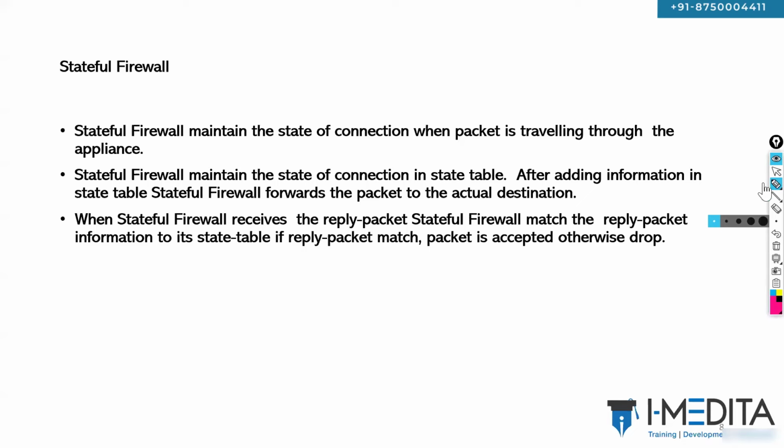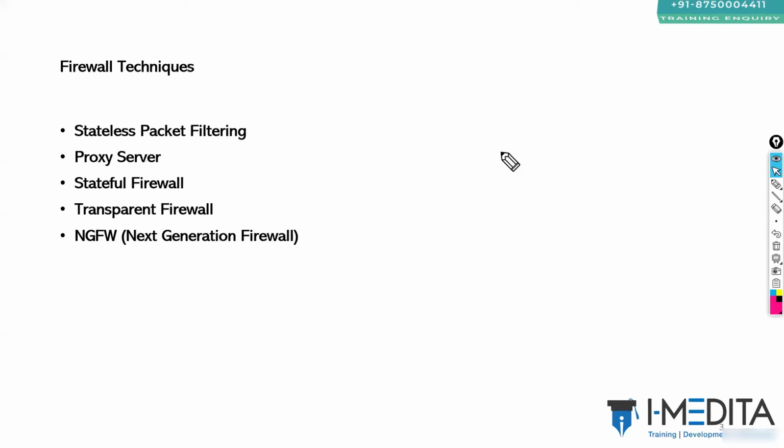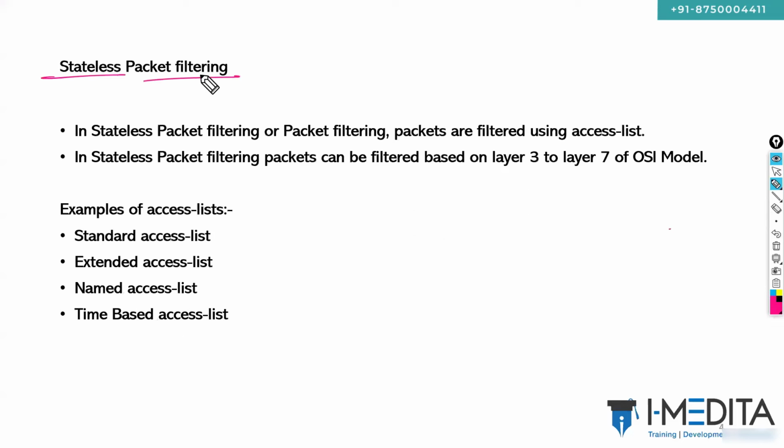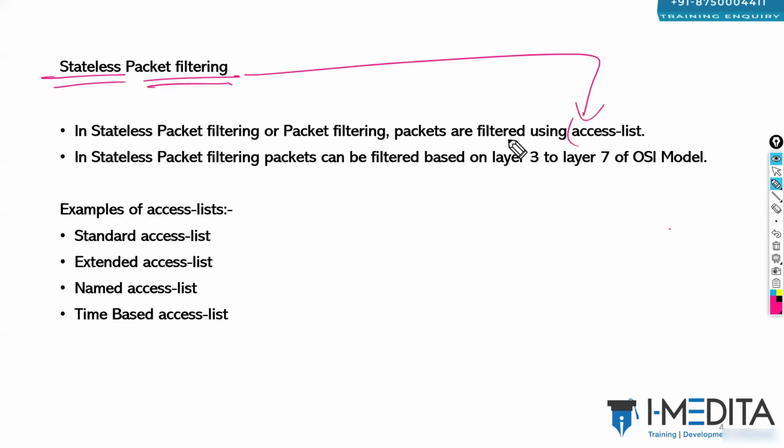Okay, you missed it. So what I told you is that when we configure an access list, that is stateless packet filtering or a stateless firewall. Stateless packet filtering is done with the help of access lists, and we create access lists on routers or switches.